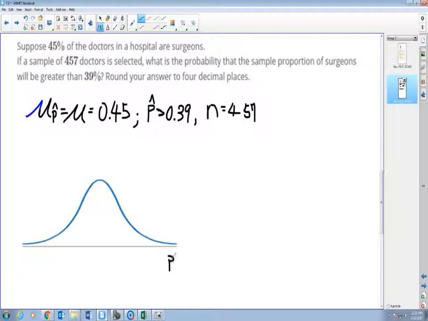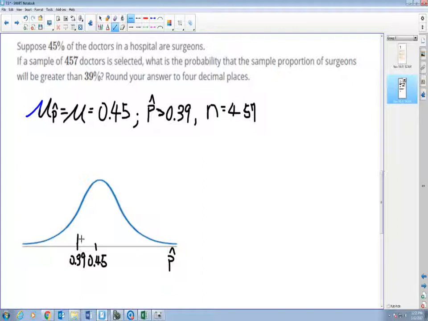For the mean of the percentage is 0.45, 39% is a little bit to the left. What's the probability that 39% of the one I sampled will be surgeons?